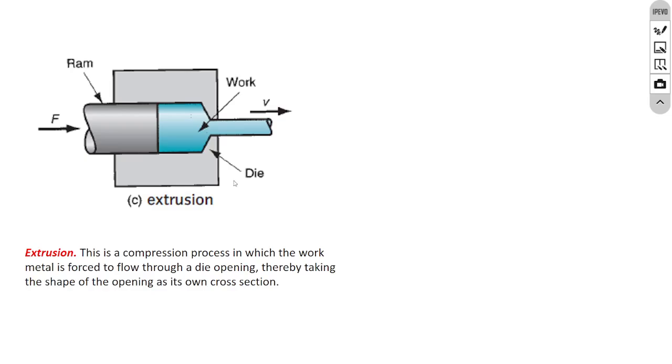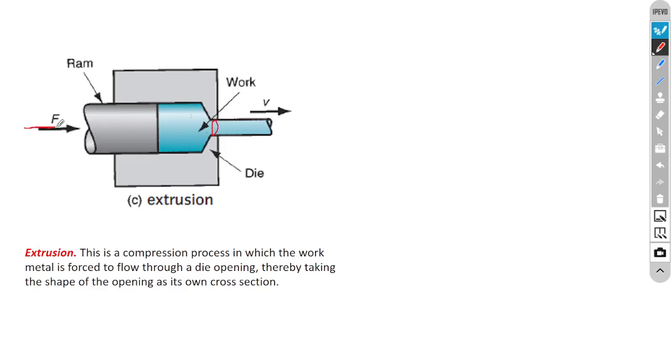In the extrusion process, similar to extrude, but the material is not liquid, it is solid. While applying a very great force at this end, we have a die with an orifice there.